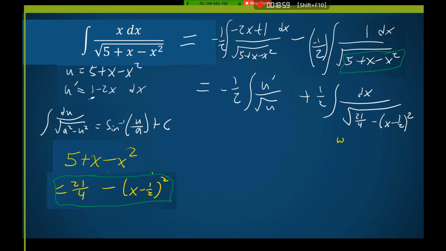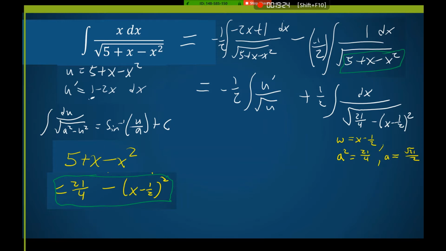So if w is my u for this formula, then w would be x minus 1/2. My a squared would be 21/4, so that means a would be equal to the square root of 21/4, which is root 21 over 2.